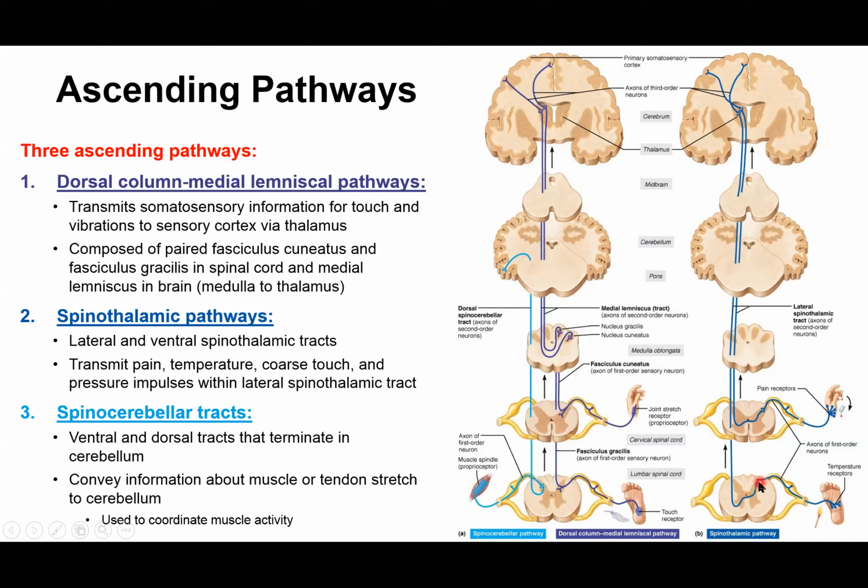But when it synapses, notice that we have this crossover occurring where the second order neuron crosses over from the right side of the spinal cord to the left side, where it then travels up to the brain and synapses on the left side of the primary somatosensory cortex, even though these sensations came from the right side of the body. Okay, so just notice crossing over is happening here in the spinothalamic pathway.